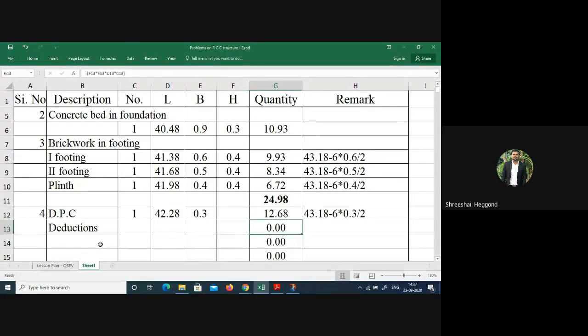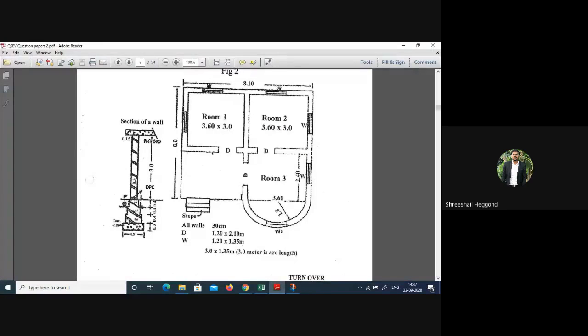Need to do the deductions. Deductions for walls. Wherever openings are there, there you have to do the deductions. You can see the openings in the plan. There are 3 doors of 1.2 by 2.1, and the outside veranda is there. For that also there will be no DPC.